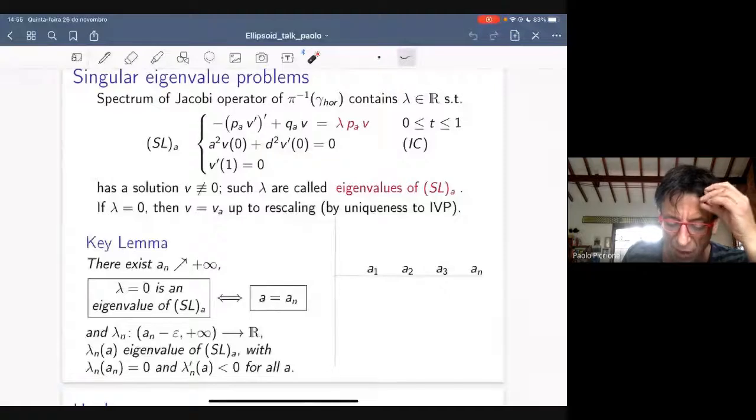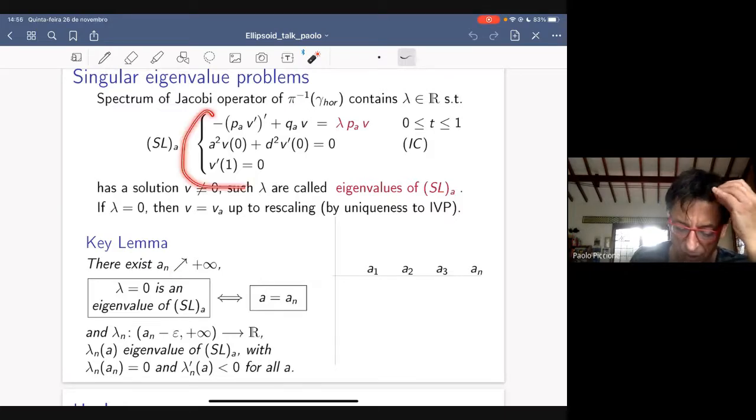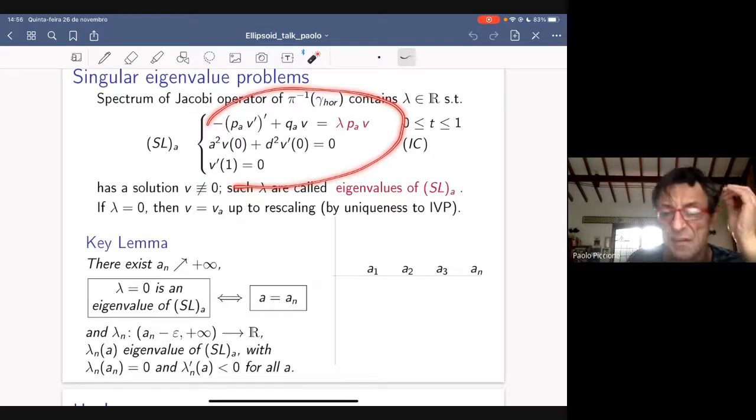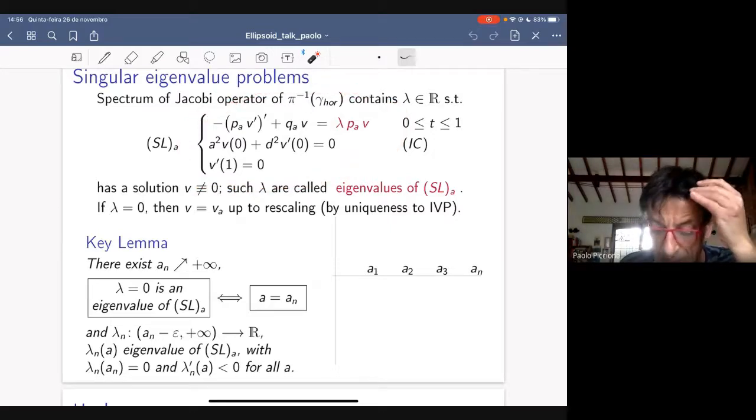So we have the corresponding eigenvalue equation, which is this. This is the initial condition that we have, and this is the final condition that we want. So this is an eigenvalue problem, and again, we prove that there exists an infinite sequence a_n going to infinity, for which this problem admits lambda equals 0 as an eigenvalue.